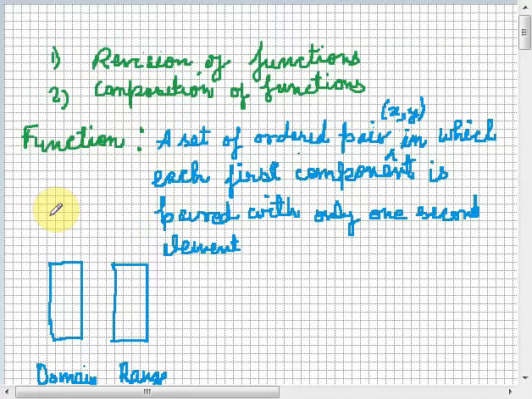The third point was that an element in the range can be assigned by more than one element of the domain. Another point was that some element of the range may not be assigned by any element of A. This we have already seen in the last chapter, and we solved some problems based on it.